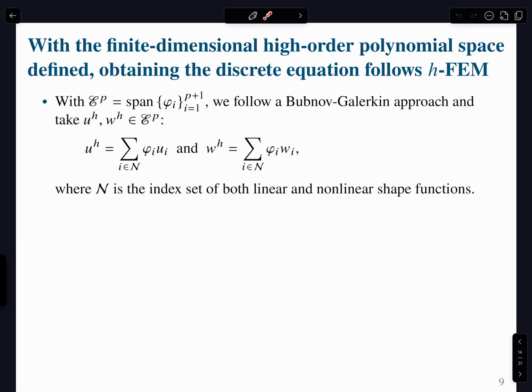What is the size of the vector? It was a 1 by 2 vector. Now let's go quadratic: 1 by 3. If we go cubic? 1 by 4. Quartic? 1 by 5. And in general, for p order, that vector is going to be of size p plus 1.